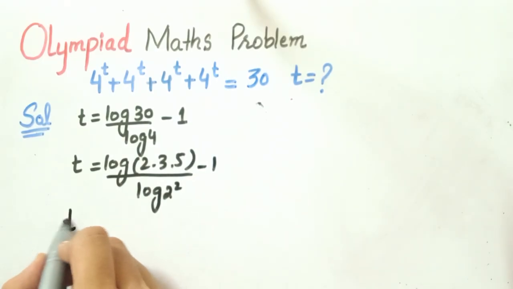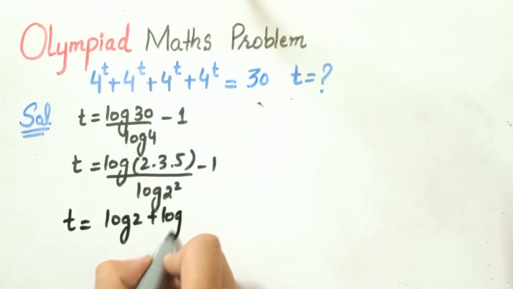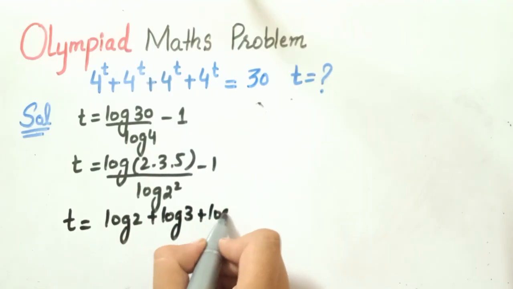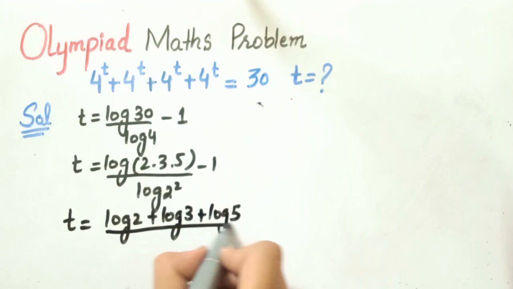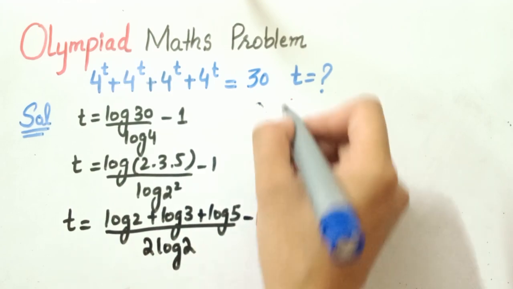Now this equation will become log of 2 plus log of 3 plus log of 5 in the denominator 2 log of 2 minus 1.